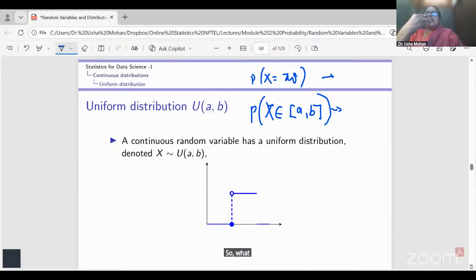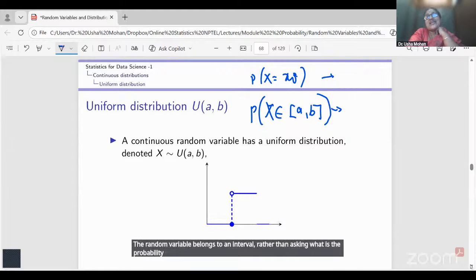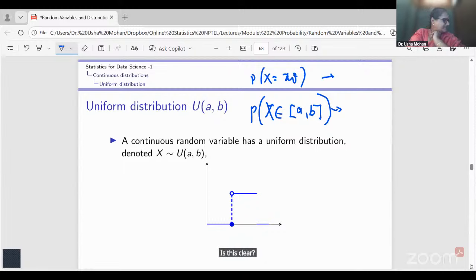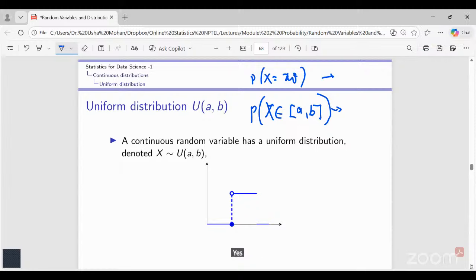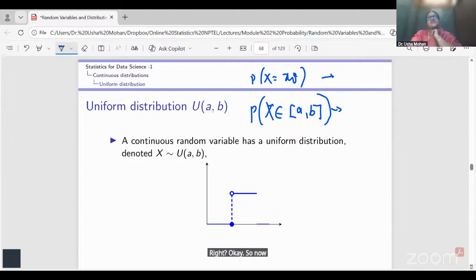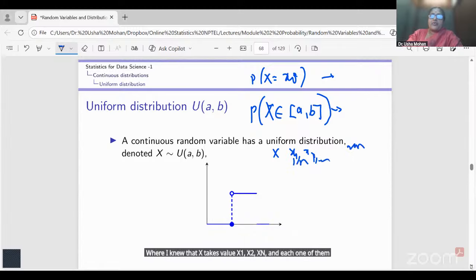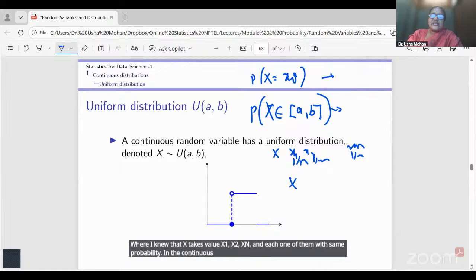So what am I asking now? What is the probability that the random variable belongs to an interval, rather than the probability that x takes a particular value? Is this clear? Okay. Just as we had a discrete uniform where x takes values x1, x2, xn, each with the same probability, in the continuous case, I say that x belongs to a particular interval a, b.